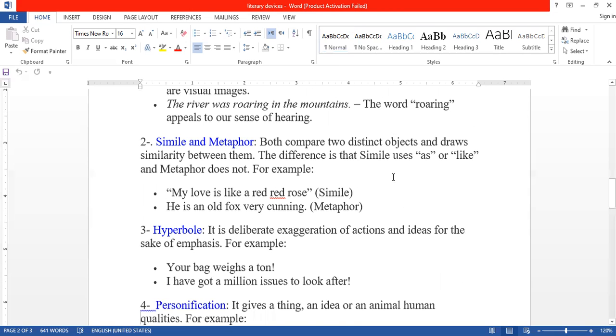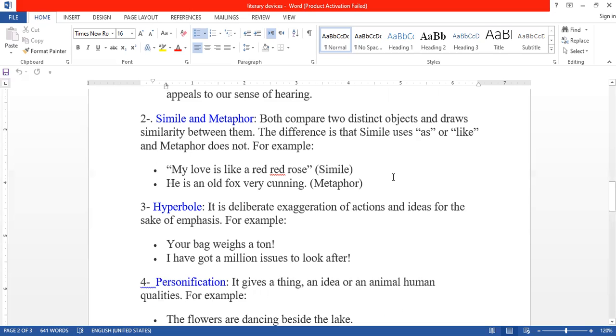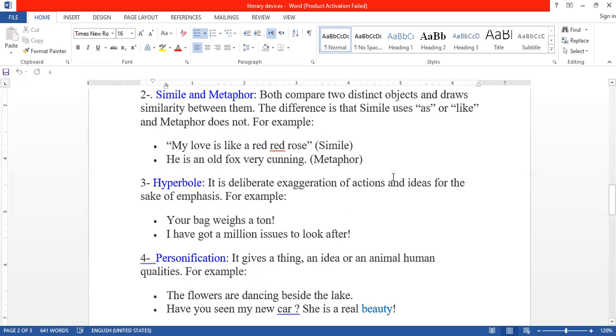Next one, number two. Read number two. Read the title, please. Simile and metaphor. Both compare two distinct objects and draw similarity between them.